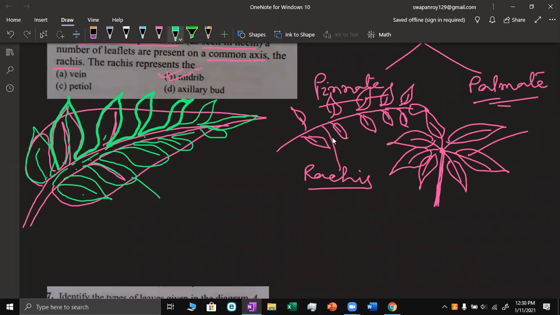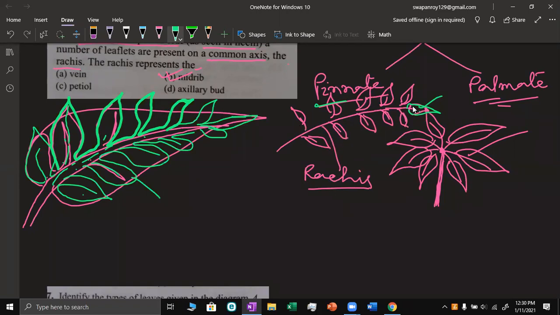This pinnately compound leaf is again of several types. There is paripinnate and imparipinnate. In some compound leaves you will see one leaflet at the tip, so the number of leaflets is odd due to the presence of the apical leaflet. This is called imparipinnate.